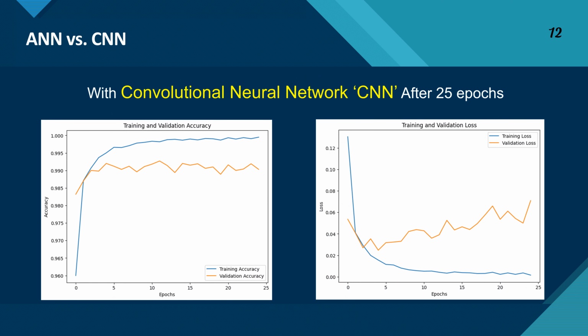I trained the CNN model with the same dataset, and you can see the status of training and validation after 25 epochs in the graph. As the graph shows, the training accuracy continues to increase while the validation accuracy fluctuates slightly. This suggests the model is still learning and generalizing well, but we need to be mindful of potential overfitting as the epochs increase.